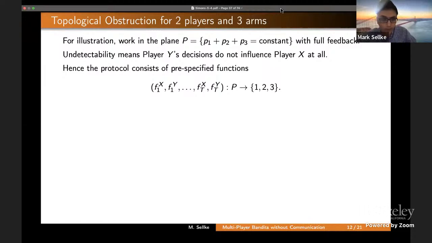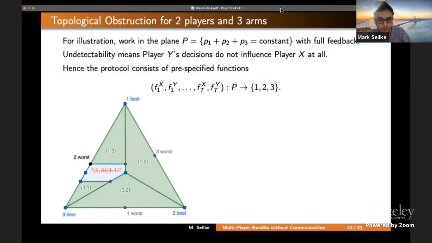So if there's just 2 players, basically I just have pre-specified functions. At time t, I will have pre-specified my function, which tells me, if I saw this amount of average reward from each of the arms, so I have these empirical estimates for each arm's reward probability, here's what I'm going to do. I'm just going to have this function ready in advance. The other player is going to have this function ready in advance, and we need to design these functions so that there aren't going to be collisions.